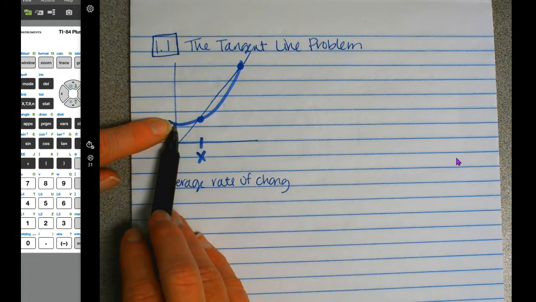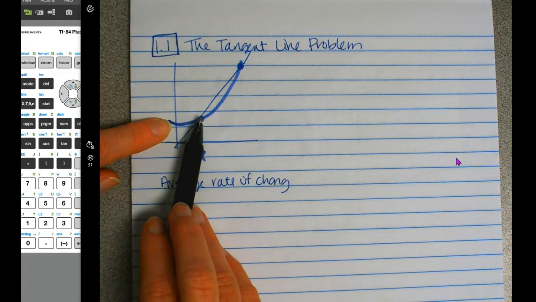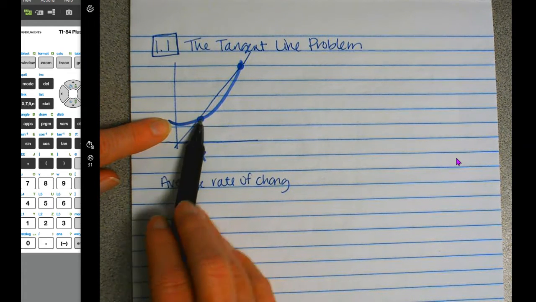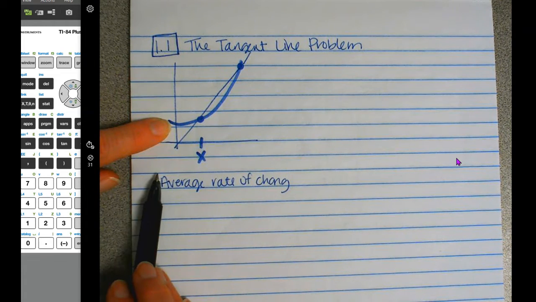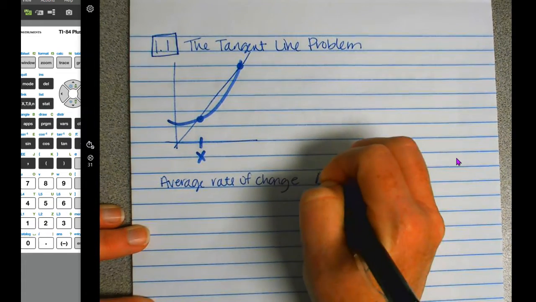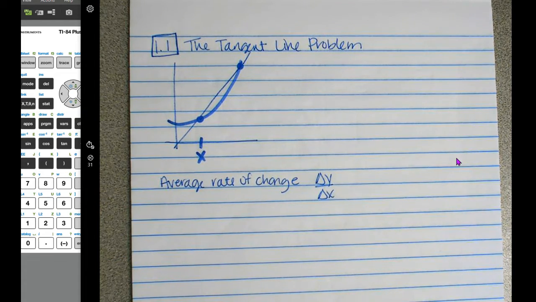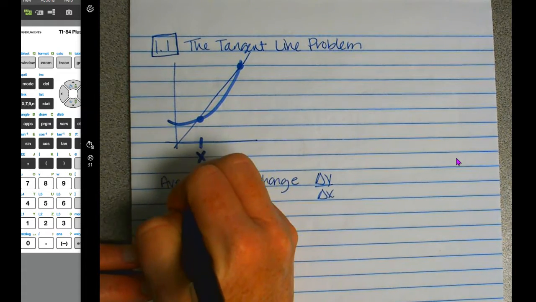We're pressing the gas pedal and then we press it harder and we go faster, this kind of idea. We could find the average rate of change between this instant and that instant by just drawing a line through the 2 points. And we could do that with change in y over change in x.